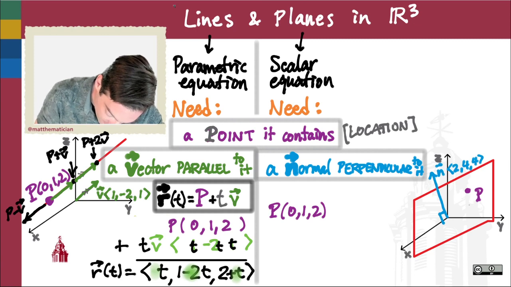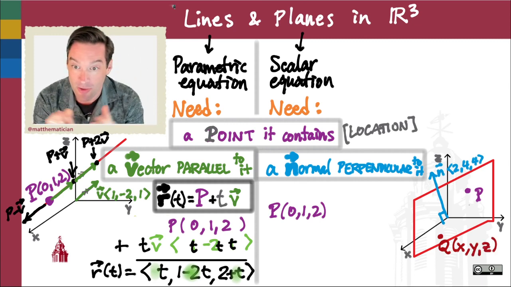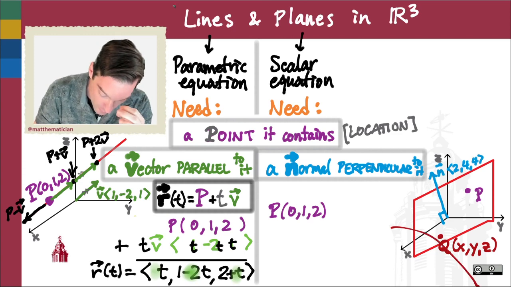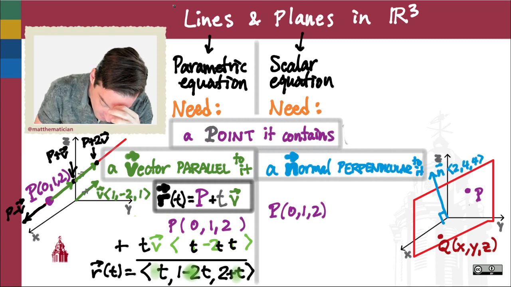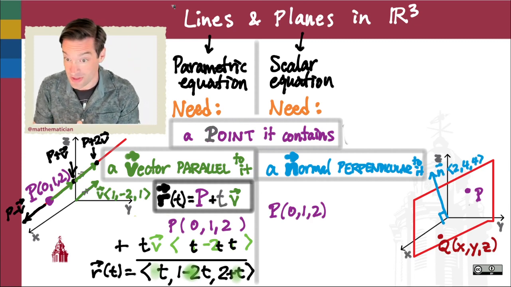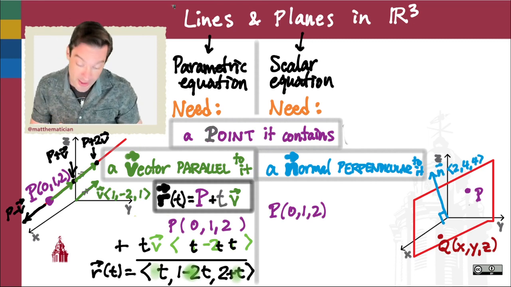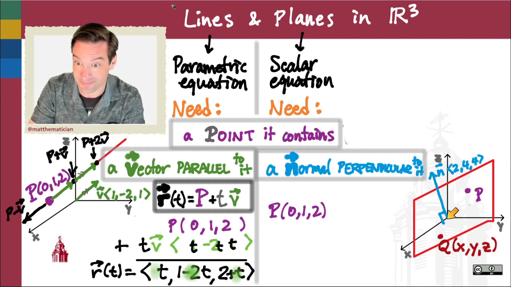In other words, if I have any other point at all which lies on my plane, let's call it Q, with coordinates the unknowns x, y, and z, I want to figure out which x's, y's, and z's are going to lie on this plane. So I want an equation that x, y, and z all satisfy, using vector geometry. And the only thing that I know is that the normal direction is perpendicular to this plane.